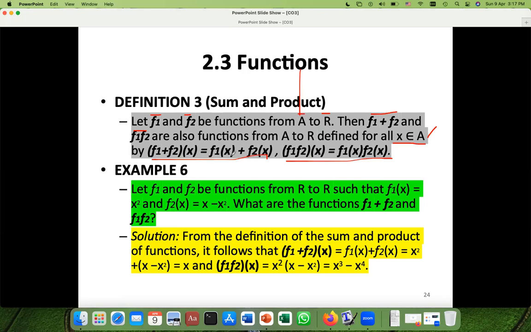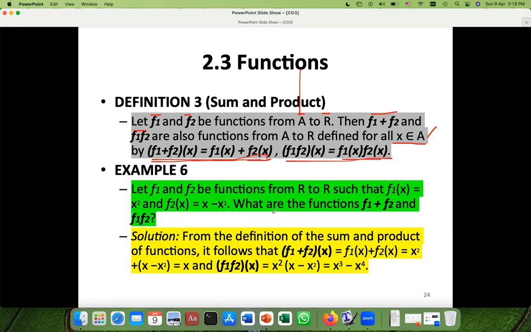You will be given the value of f1 of x, and the value of f2 of x will also be given in the form of some mathematical equation. Maybe f1 of x would be x squared plus 3, that would be given to you. We don't know. So f1 of x plus f2 of x would be the summation. You have to keep this formula in your mind. And for the product, (f1 f2)(x) would be f1 of x multiplied by f2 of x.